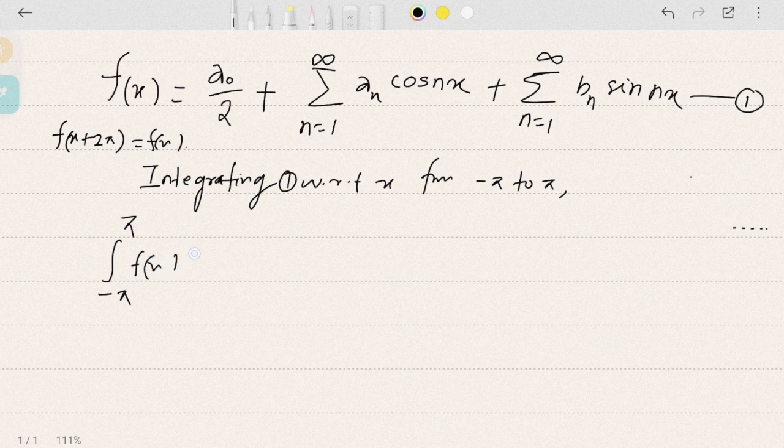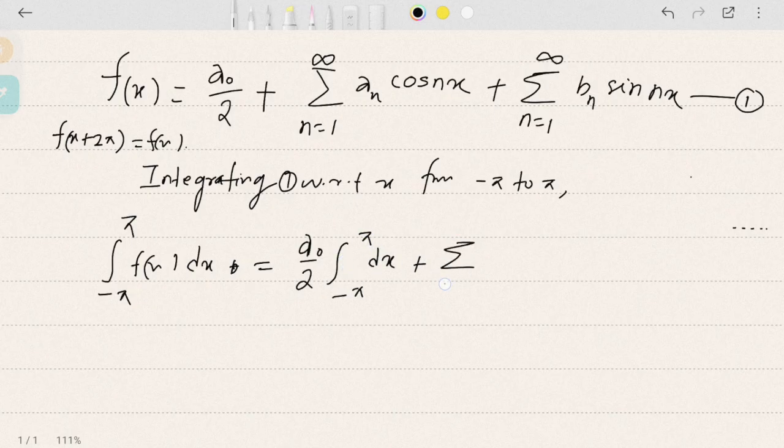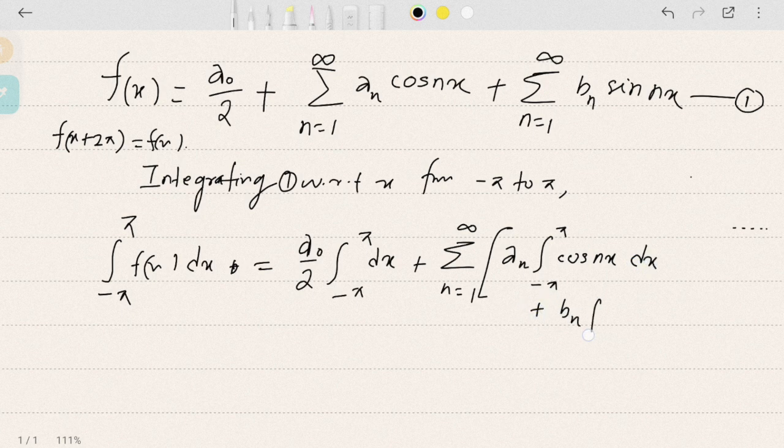The integral of f(x) dx is equal to a naught by 2 (of course, a naught is outside, it's a constant) times the integral from minus pi to pi of dx, plus the sum from n equals 1 to infinity of a_n times the integral from minus pi to pi of cos nx dx, plus b_n times the integral from minus pi to pi of sin nx dx.